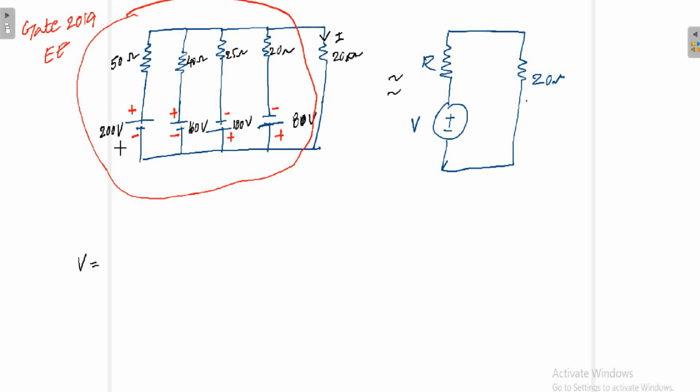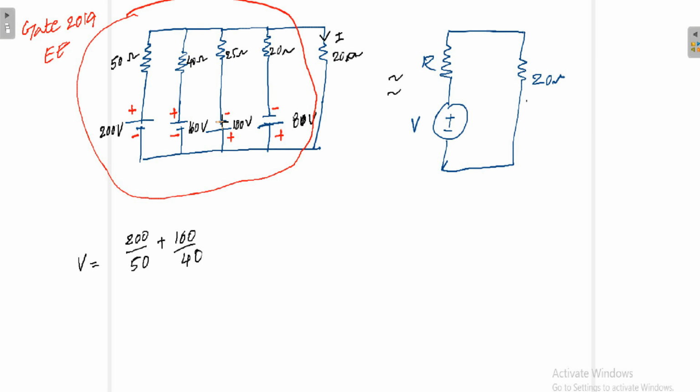For your convenience, let us see the top polarity: positive, positive, negative, negative. With respect to the upper polarity of your voltage sources, let us consider this positive: plus 200 by 50, plus 160 by 40.